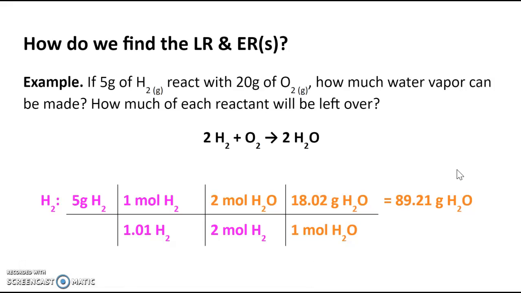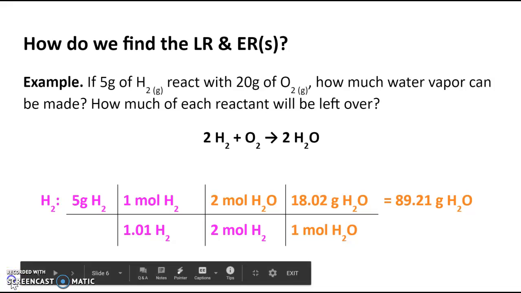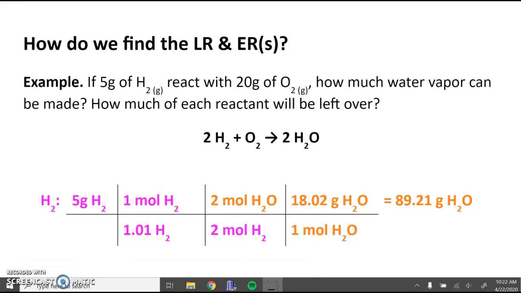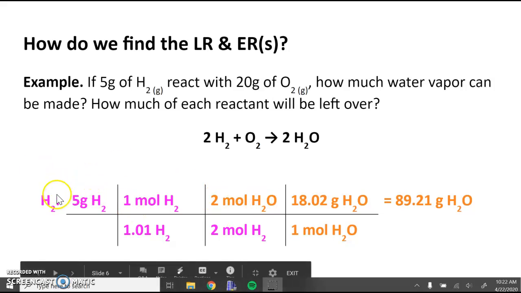So I've set it up here for my hydrogen, and we can see that we'll start out with our 5 grams. We're trying to get to water, that's our target.